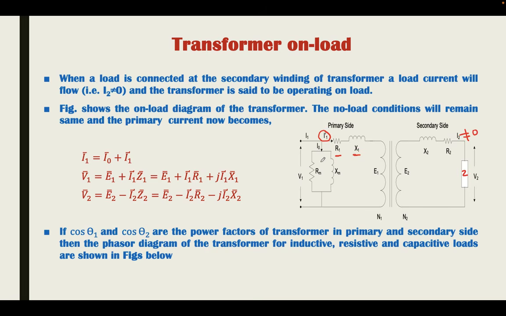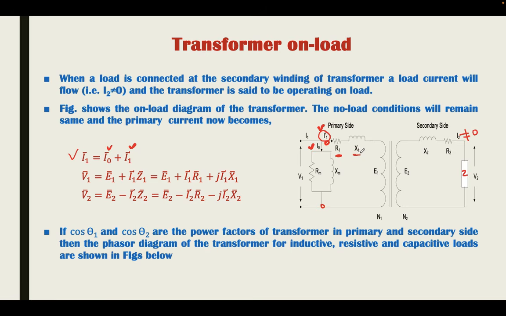Now, when we analyze this parallel circuit, the voltage across these two points will be V1, and we can separate out Rm and Xm. We have already studied this in the no load case. Now I1 is equal to the phasor sum of I1 dash and I naught. Now V1 is equal to what?